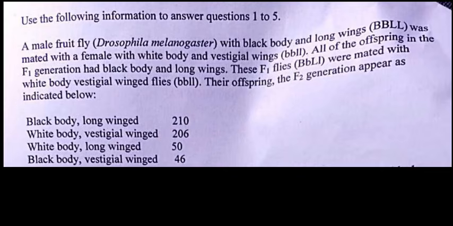We have this genotype, that is black and long wings, being crossed to white body and vestigial wings. When you want to conduct the Punnett square, you are supposed to come up with the gametes, two sets of gametes, 4 from each set. So these are going to give us 4 gametes. These will also give us 4 gametes. So we're going to have 2 sets of gametes, 4 from each.